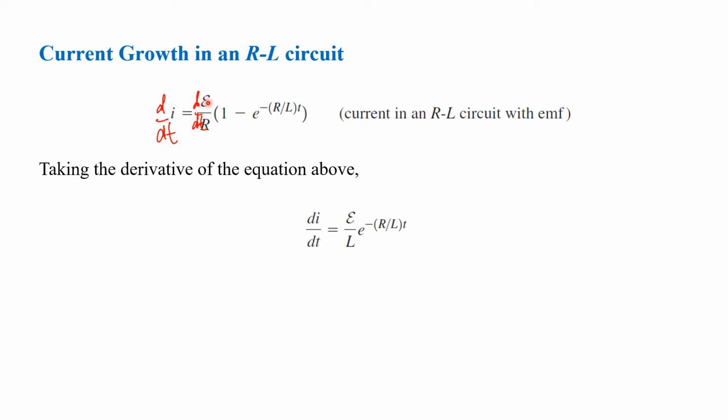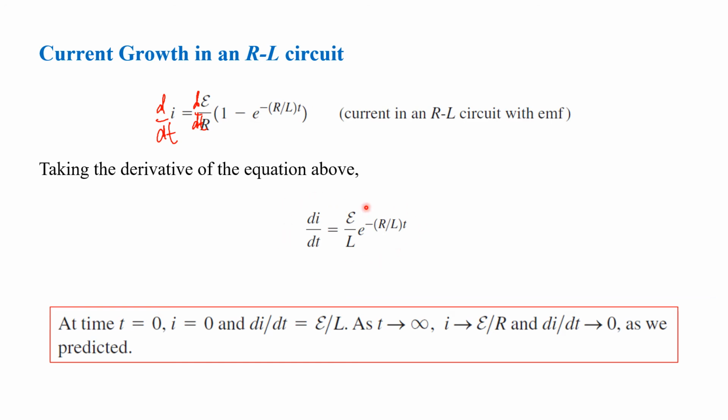The first term here is a constant, so you just need to take the derivative of this side. Taking the derivative, you have di over dt equal to epsilon over L times the exponential of negative R over L times t.